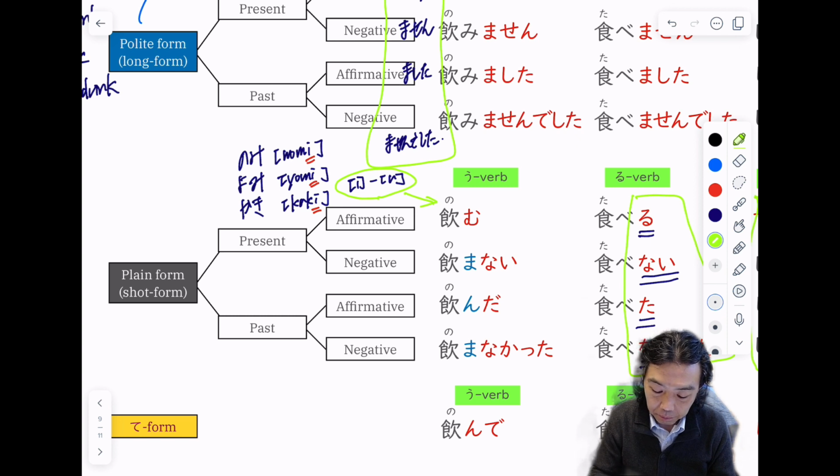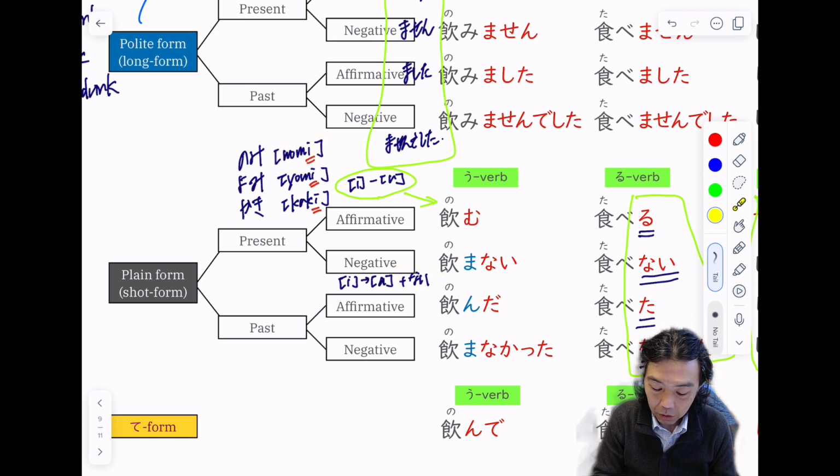Right? So always you use this change I to U to make present affirmative. Okay. So for present negative, we again use the stem, and now I becomes A, plus nai. Okay. So nomimasu becomes nomanai.